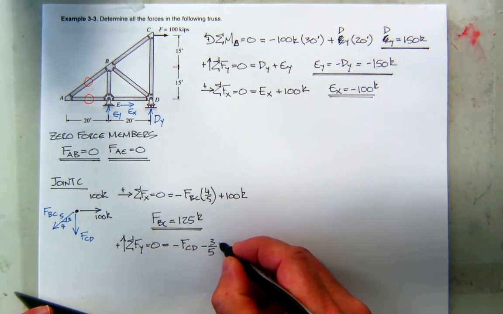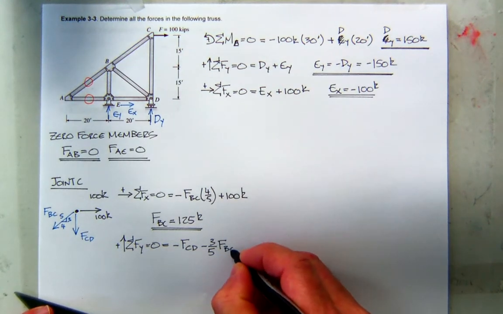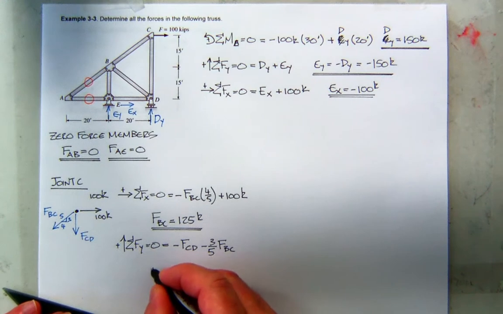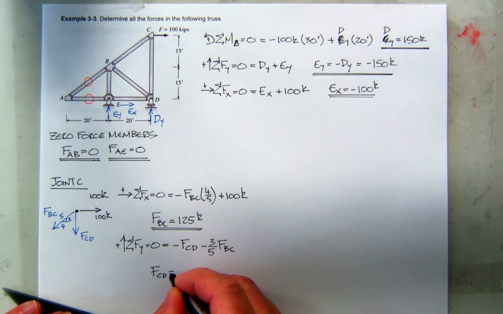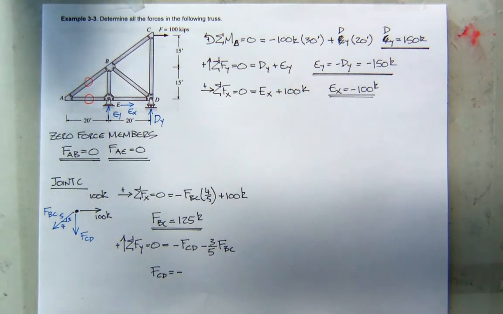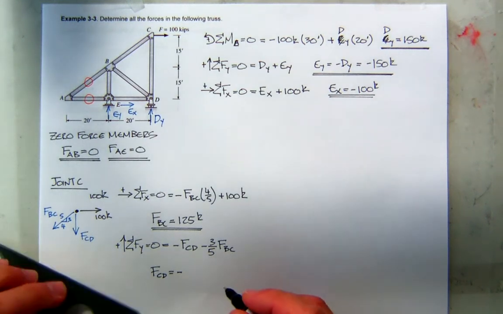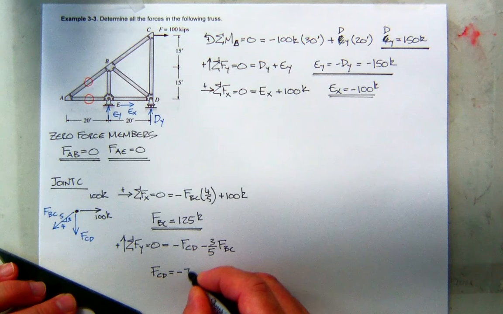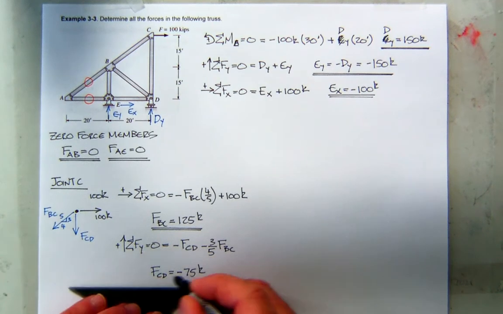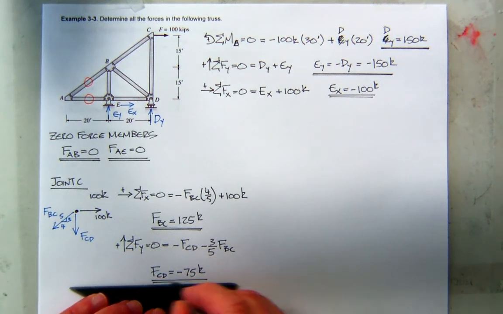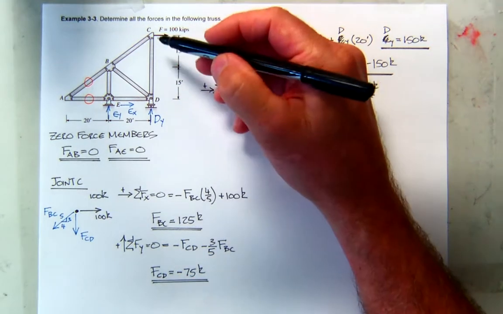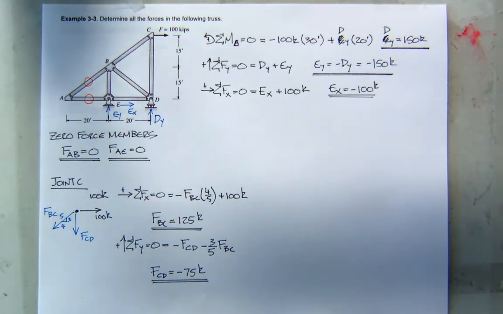So 3/5 of BC, and it's acting down. So it looks like CD is going to be negative. And what's it going to be? 75. That seems reasonable. And we already talked about CD being in compression, so I think that looks okay.